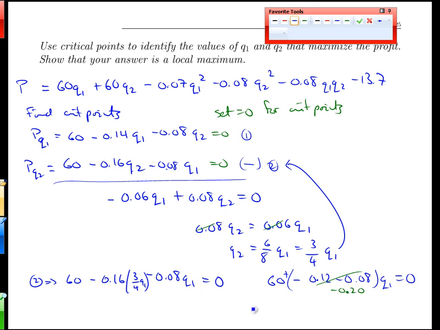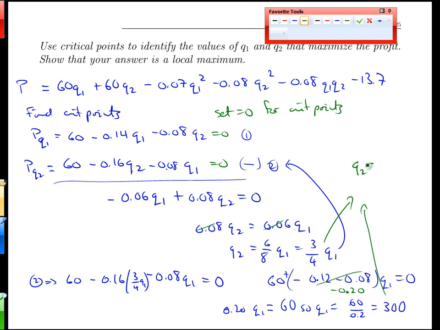That combination means that Q1 would equal, let's bring this to the other side, positive 0.20 Q1 is 60, so Q1 is going to equal 60 over 0.2, that's 60 over a fifth, or better known as 300.